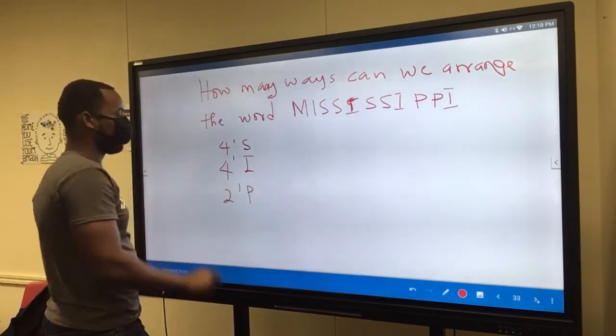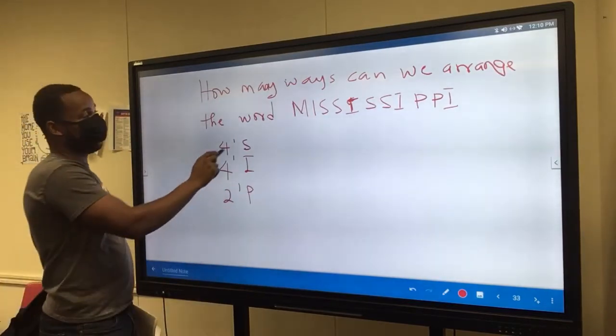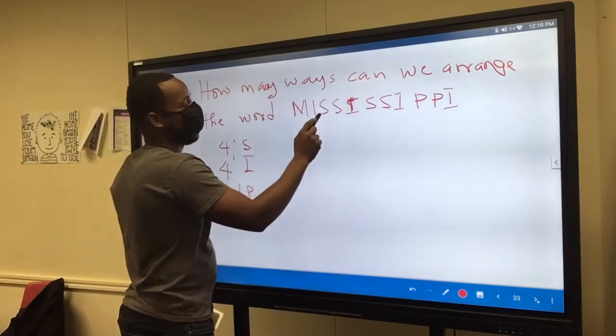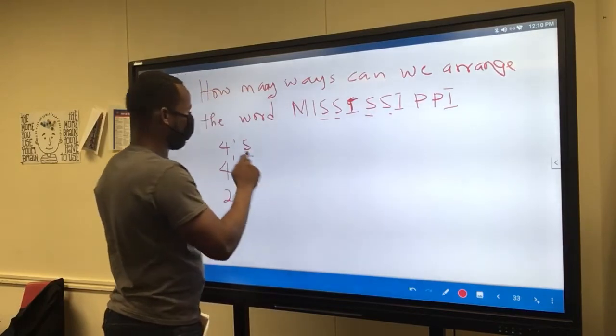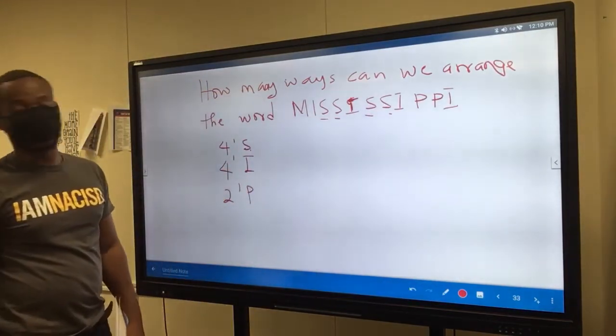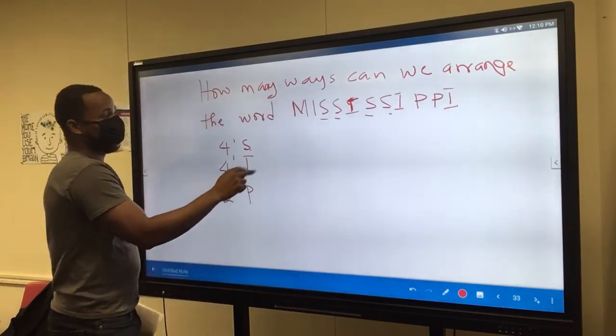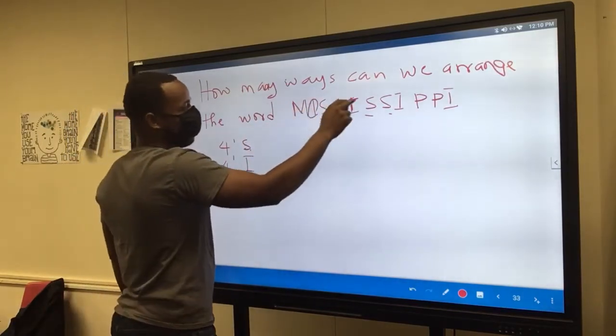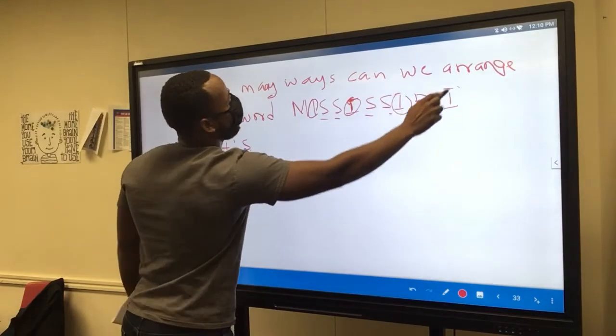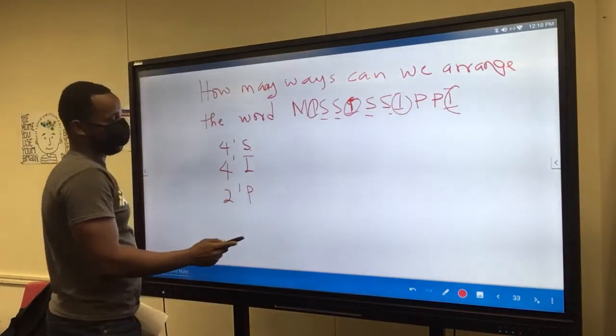So remember, we have S, 1, 2, 3, 4. So there are 4 S's in Mississippi, and there are 4 I's in Mississippi, 1, 2, 3, 4. And then there are 2 P's.